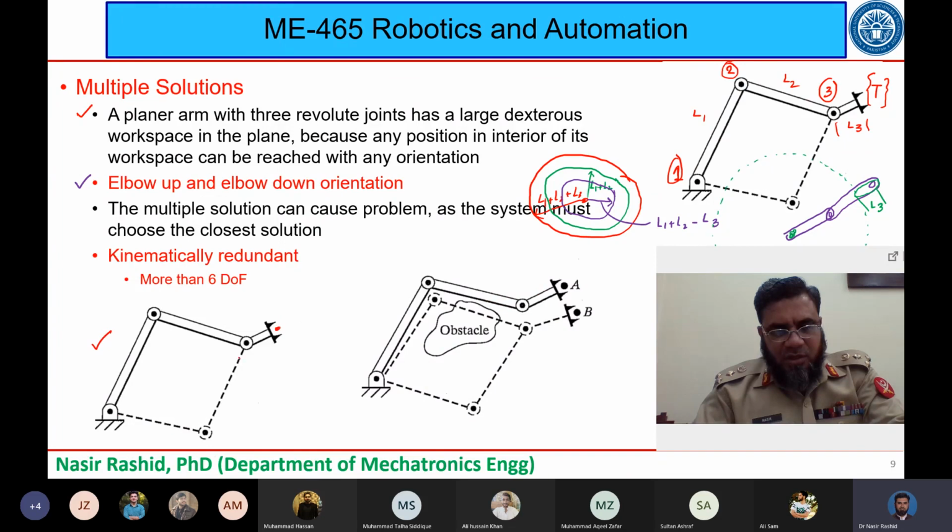So there can be two solutions. इसको मैं कहता हूँ कि if I go with this configuration, ये वाली, this is called elbow up orientation.